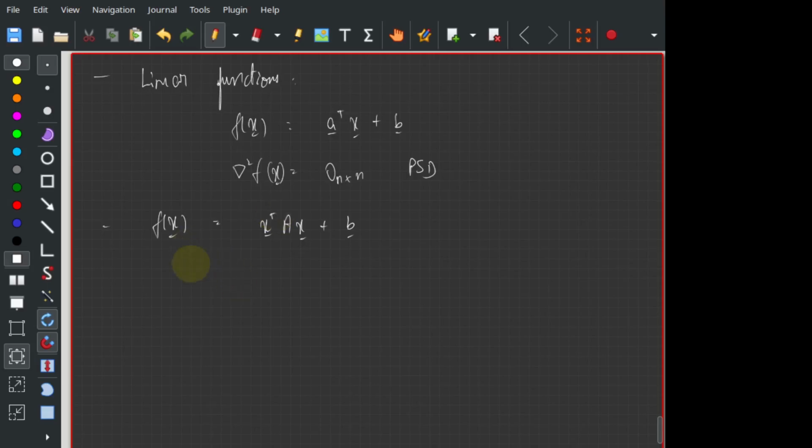What is the gradient of f equal to? It's A plus A transpose times x. So what would the Hessian be? It's just A plus A transpose. And when is this PSD? It's always symmetric.